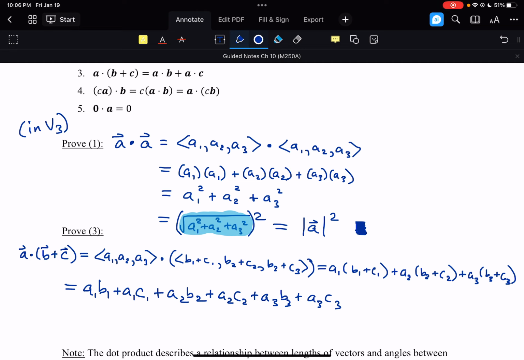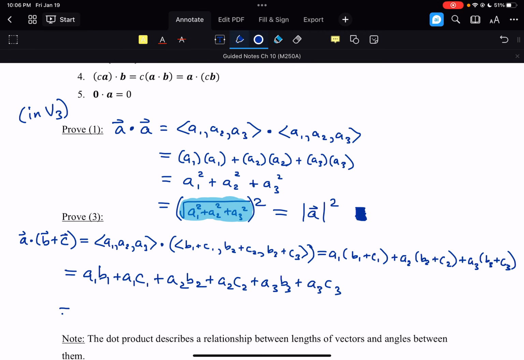And we can regroup these so that all of the B's are grouped together and all of the C's are grouped together. So we're going to have A1, B1 plus A2, B2 plus A3, B3 plus A1, C1 plus A2, C2 plus A3, C3.